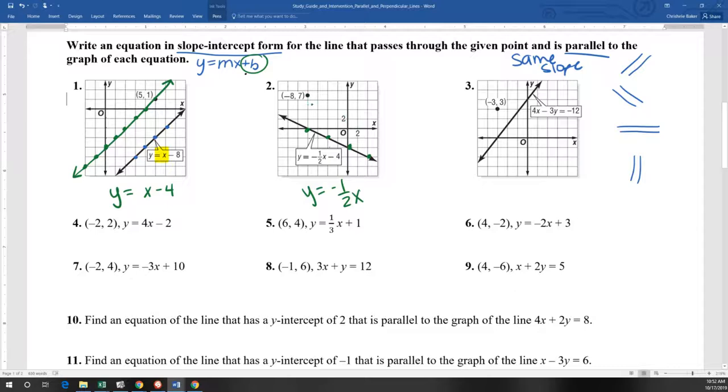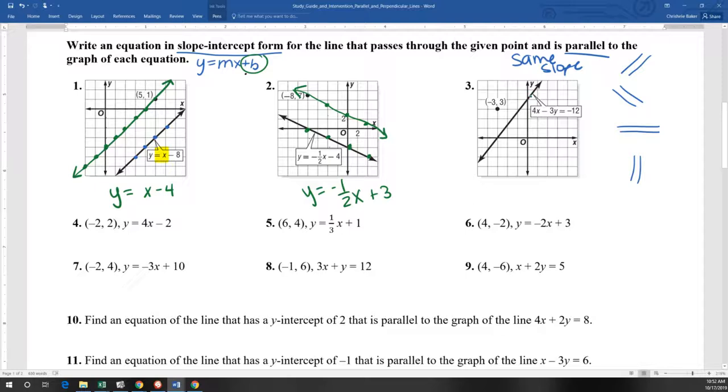So down 1, 2. Okay, so here's my line. And it looks like our y-intercept is at 3, because if these go by 2s, that's 2, that's 4.